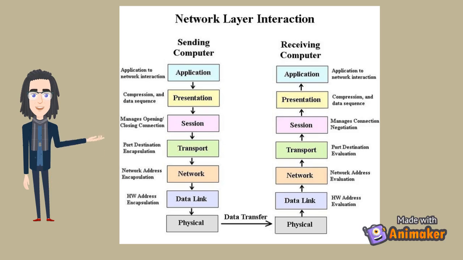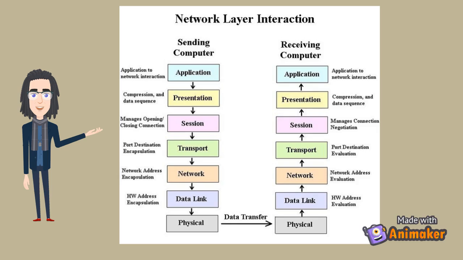Now for the OSI model. The International Standards Organization, or ISO, is a multinational body dedicated to worldwide agreement on international standards. An ISO standard that covers all aspects of network communications is the Open Systems Interconnection, or OSI model.